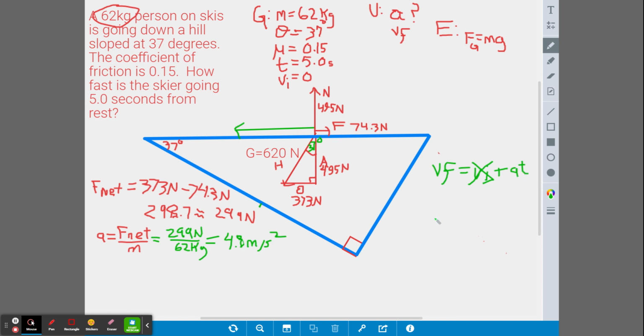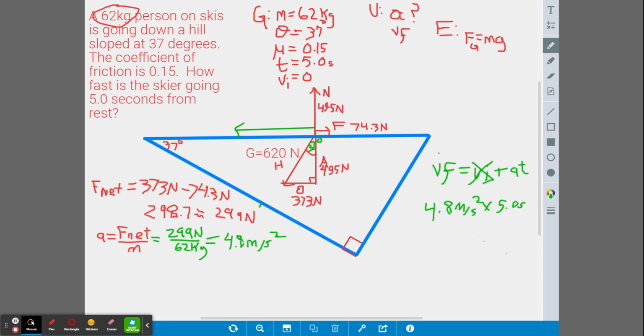So 4.8 meters per second squared times 5 seconds. And we get 24.